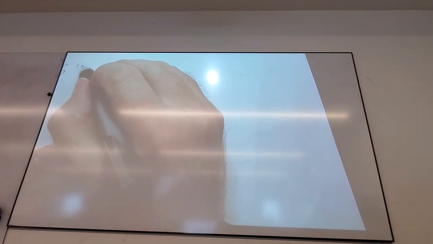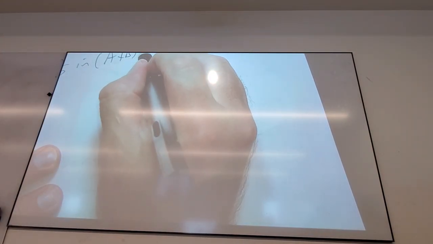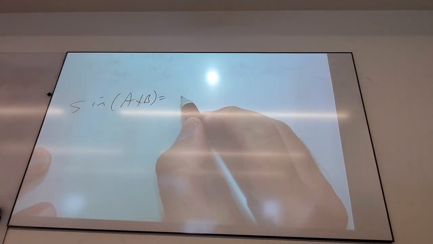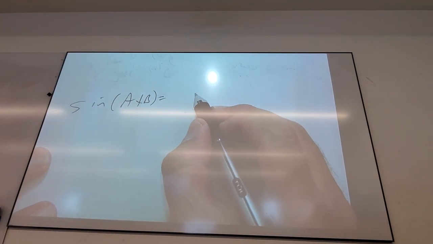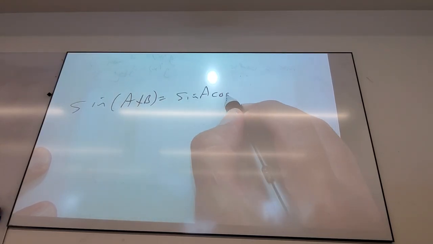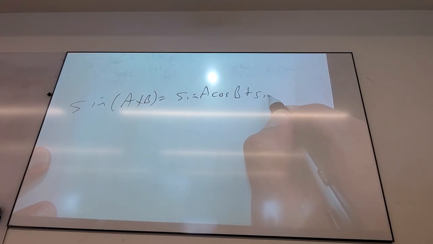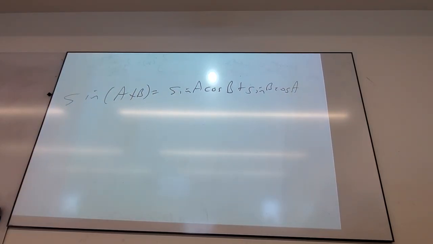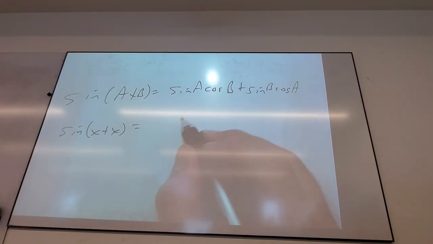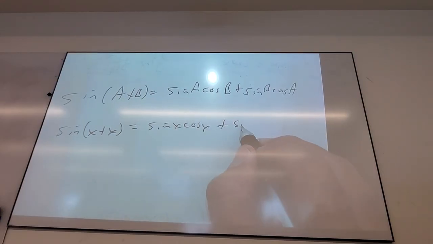What's sine of a plus b? We just went over that. Sine a cosine b plus cosine a sine b. I just always do it like that. Sine's a nice guy, he takes turns. So what is sine of x plus x? Sine x cosine x plus sine x cosine x.